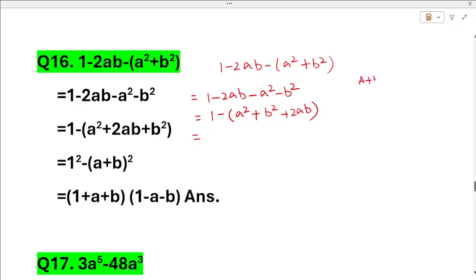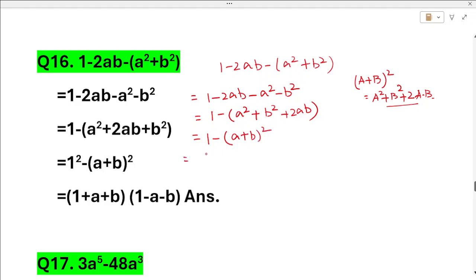If we take the whole square of two quantities, what I said in the earlier lecture, the square of the first term plus the square of the second term plus 2 times the product of the first and second term. So mind it. So now it will become 1 minus, it is the square of a plus b, the a plus b whole square.